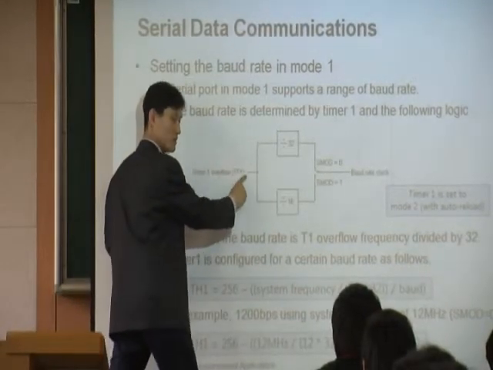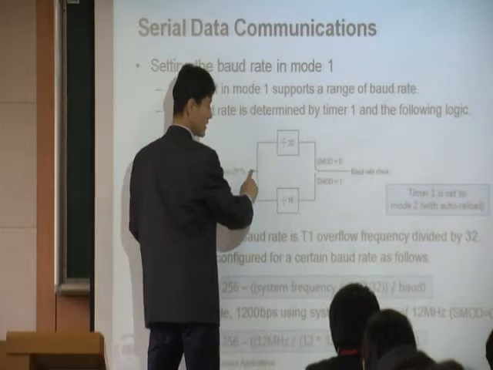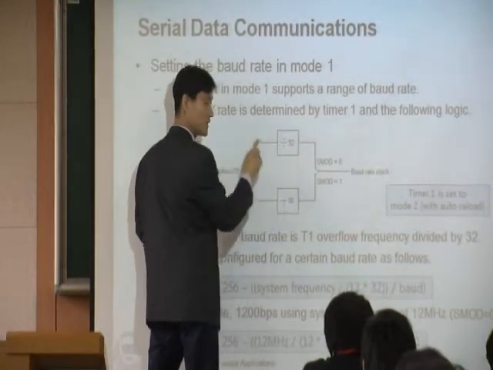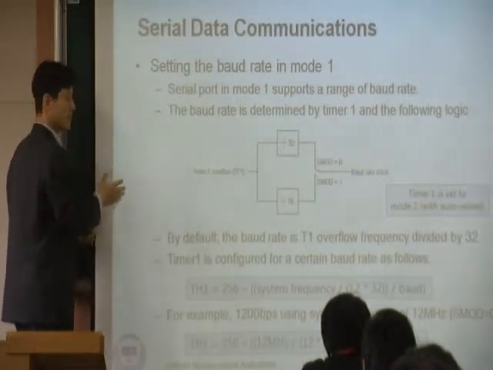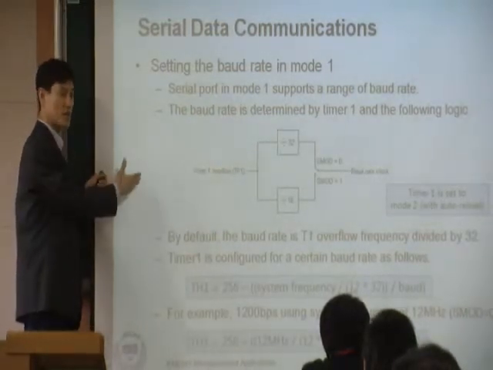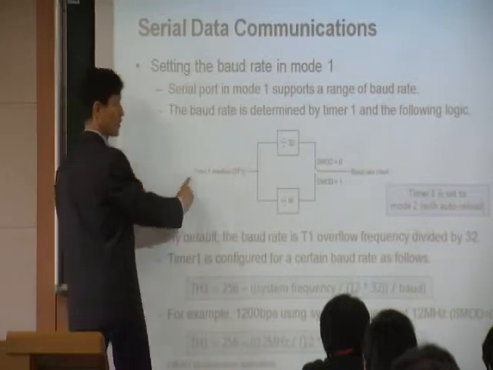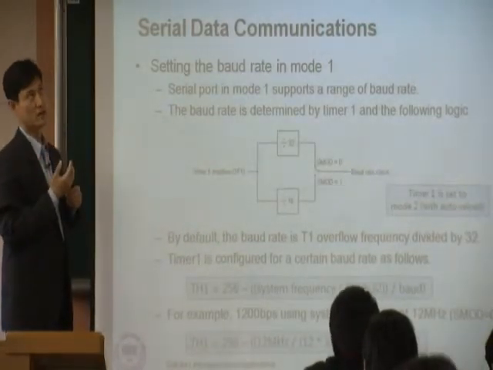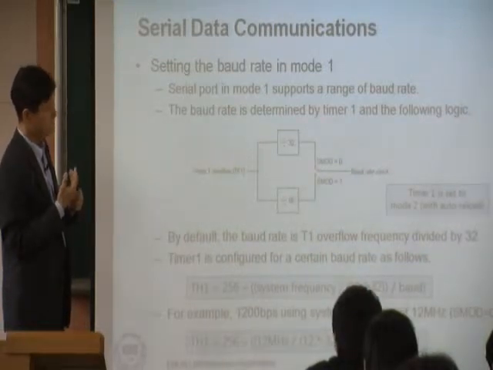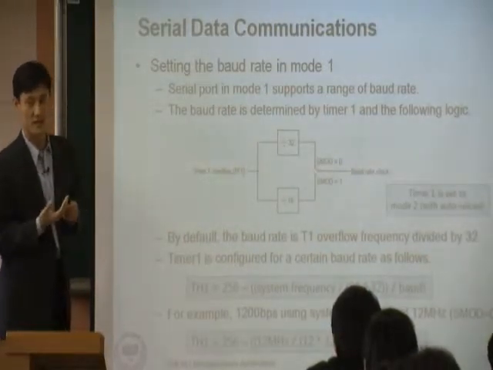When you have overflow, you are basically dividing by 32. What that means is, based on your timer, let's say you design your timer such that you have an overflow every 1 millisecond.